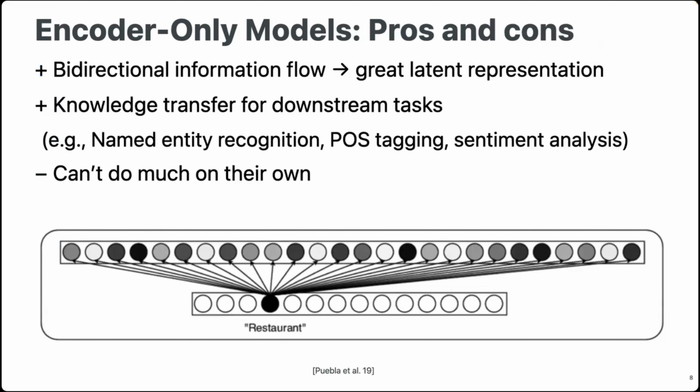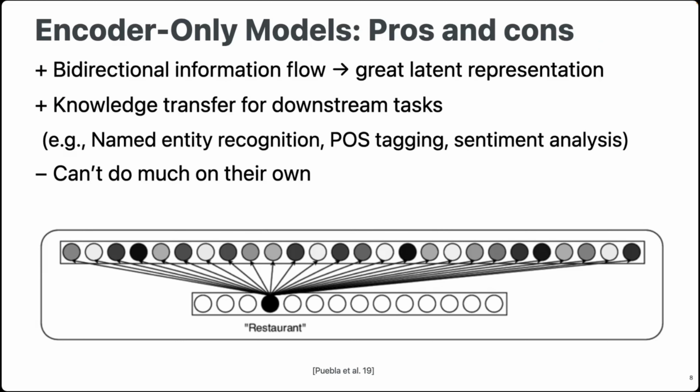But there are pros and cons for encoder-only models, right? Encoder-only models really give great latent representations for our token embeddings. For example, we always fine-tune models on top of those encoder models, and we do this for transfer learning, for example named entity recognition, classification, and sentiment analysis.